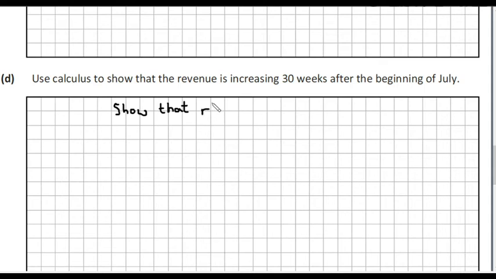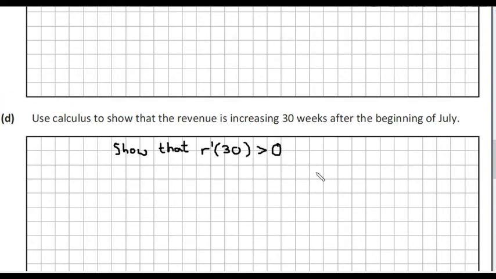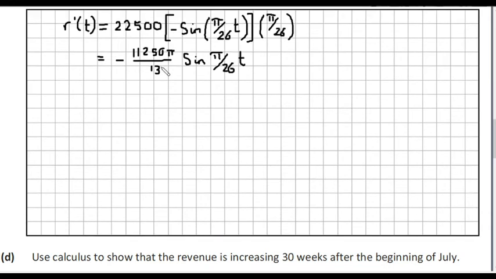So our job is to show that r dash of 30 is greater than 0. That is what that question was asking. Now, we got the first derivative a second ago, it was that. All we now have to do is replace t there with 30 and just verify that it's positive.